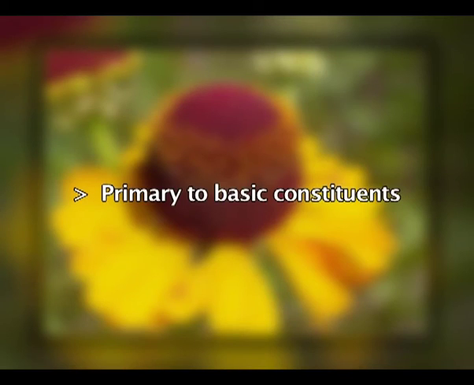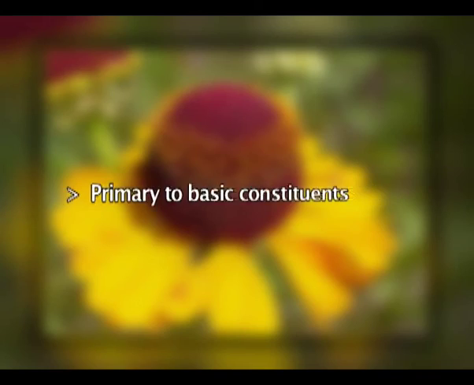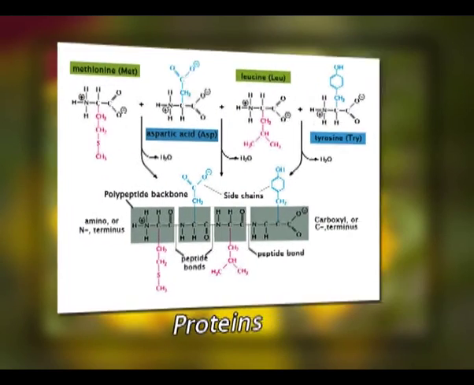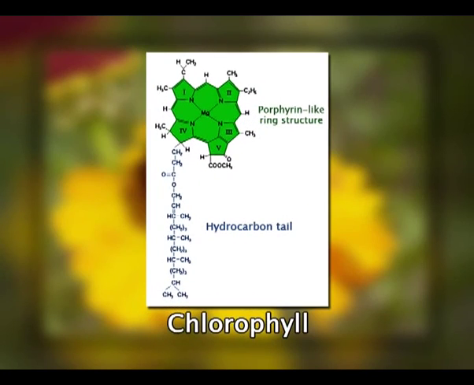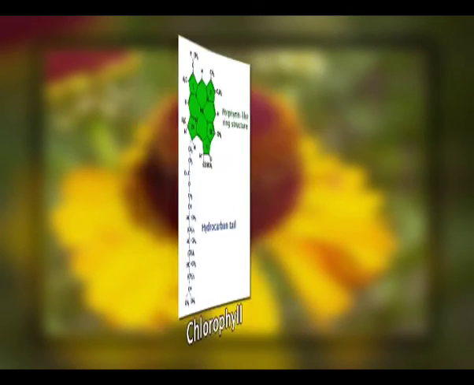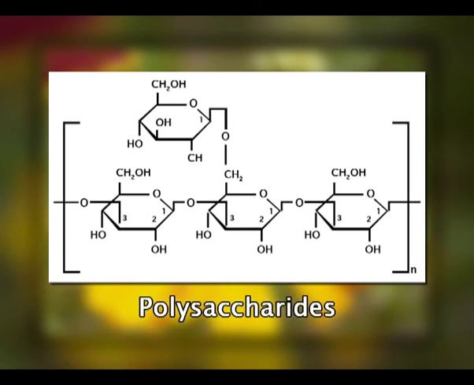There is no suitable classification of chemical characters used in taxonomy. In 1966, three principal kinds of chemical constituents were recognized which help in taxonomy. Number one, primary or basic constituents like proteins, nucleic acids, derivative chlorophylls, and polysaccharides.